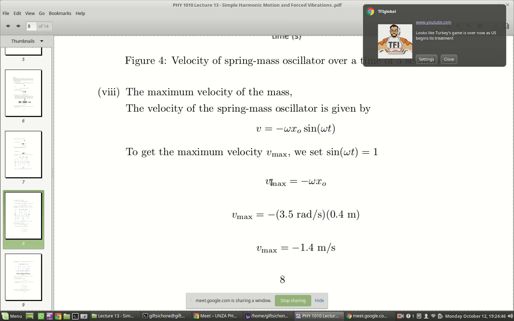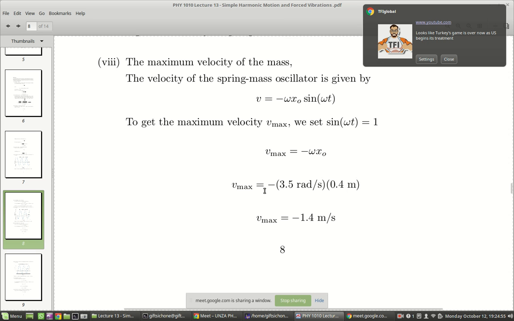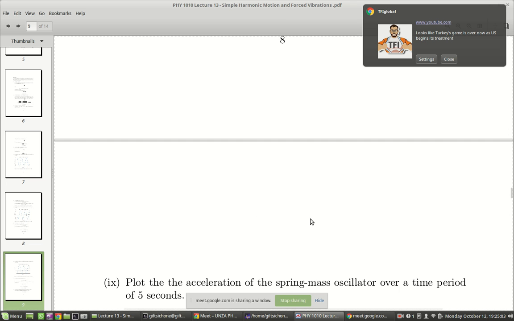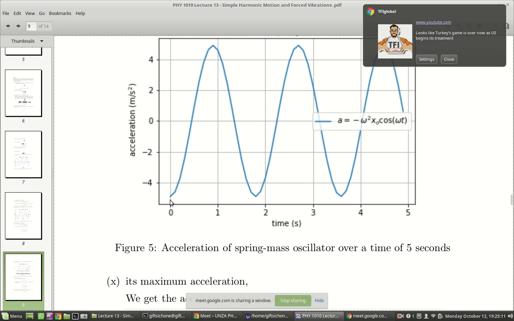The acceleration changes like this because the acceleration also follows a cosine, except it follows a negative cosine. The position has got a cosine, like this. But imagine you've got this cosine, then you put a negative, because acceleration has got a negative.